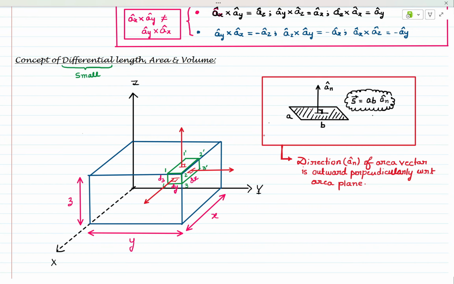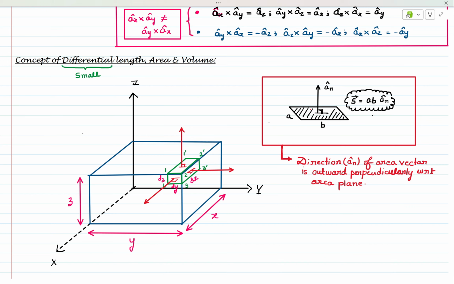So in this case also, if I consider 1 dash 2 dash 1 2 this plane, this is an area and it must have a direction and it is a vector. So its direction is denoted by the outwards vector like this.